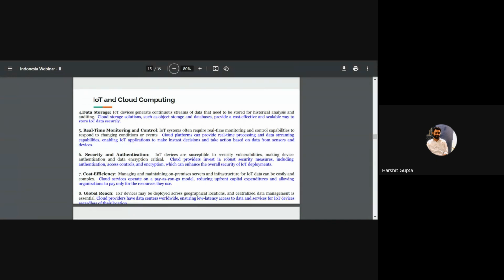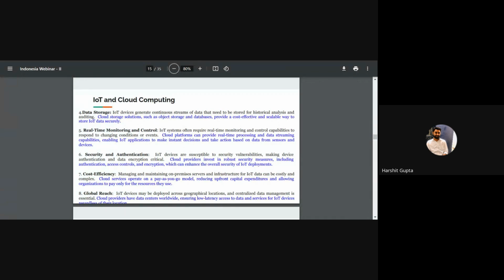Now we can also do real-time monitoring and control by having cloud computing, along with security and authentication. IoT devices are very susceptible to security vulnerabilities, which makes device authentication and encryption critical. So it is necessary that the integrated IoT devices be authenticated and their data be encrypted.